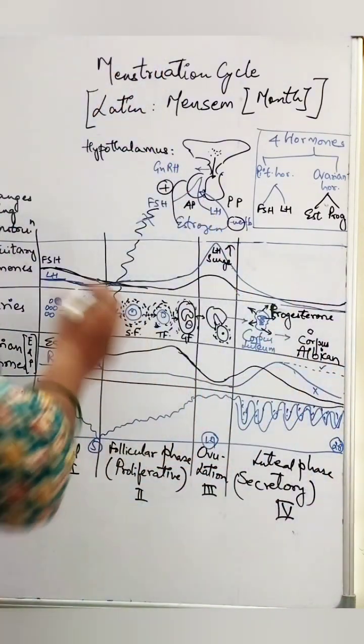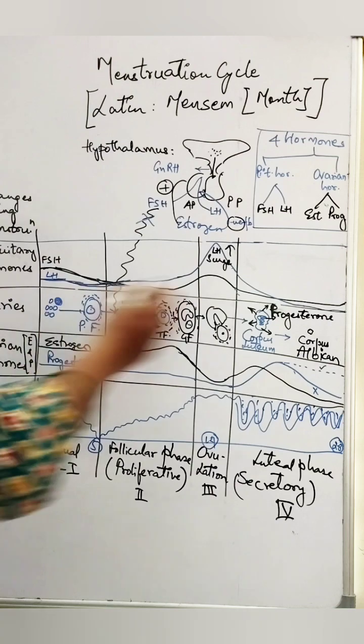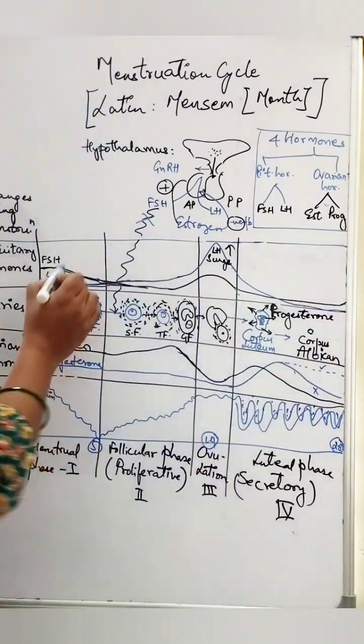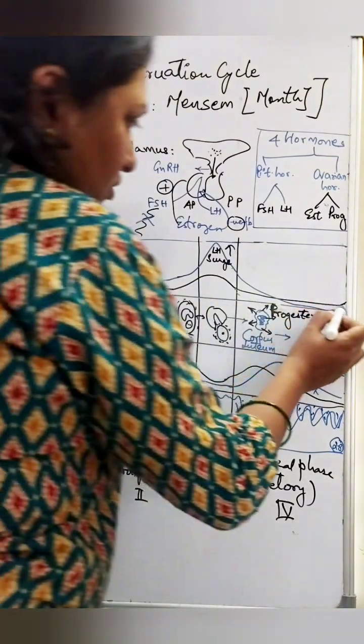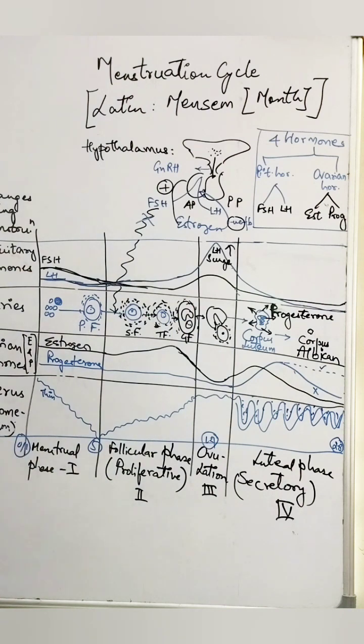Initially FSH was high, and initially LH was low, and this was also low. So this is how the entire menstrual cycle occurs. Once again, this is how the graph will look.